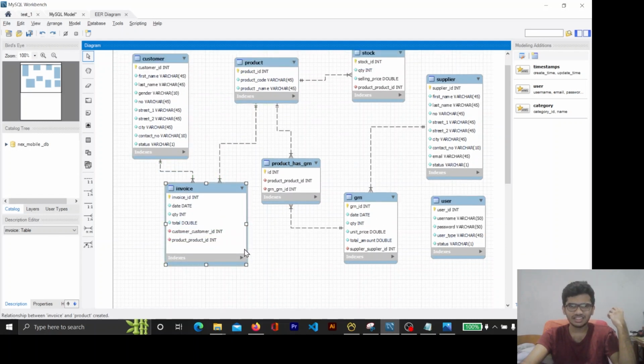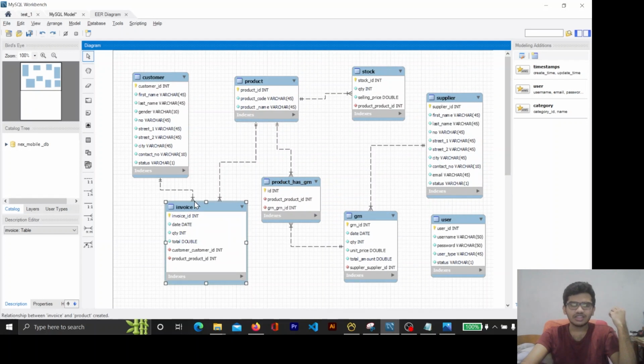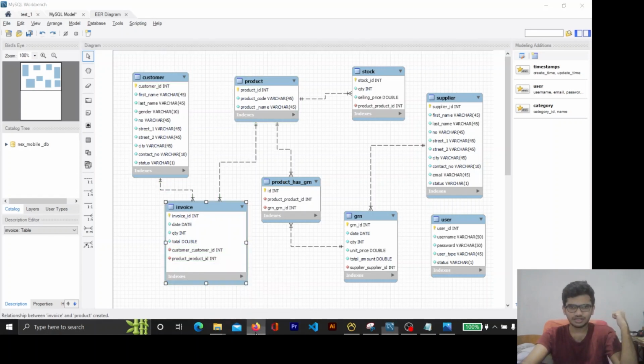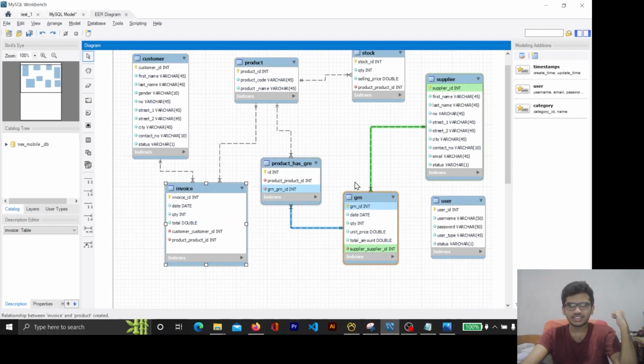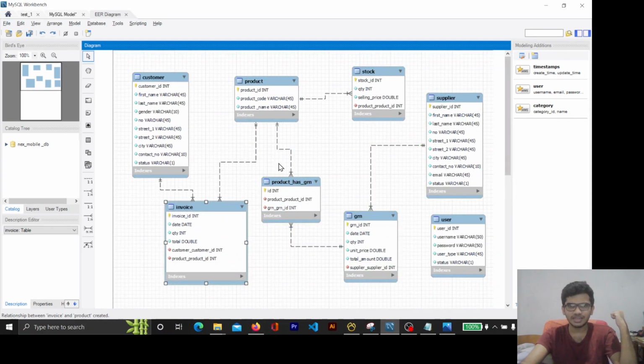So this creates two one to many relationships from the customer table and the product table with the invoice table, and altogether customer and product will have a many to many relationship, which is not possible to create in a MySQL database environment.